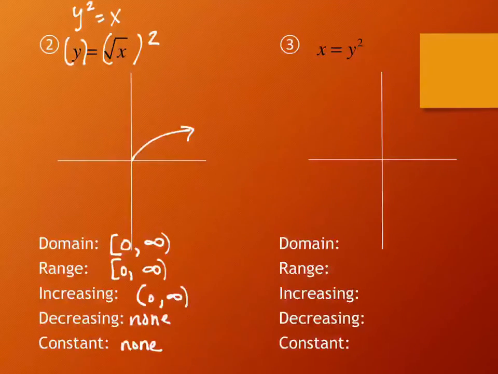So these two must have a lot to do with each other, right? They're very related. Well, here's the kicker. Remember I described number 2 as a parabola on its side and only half? Well, number 3 really is the parabola on its side. It's the other half.